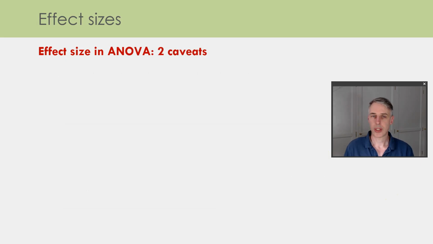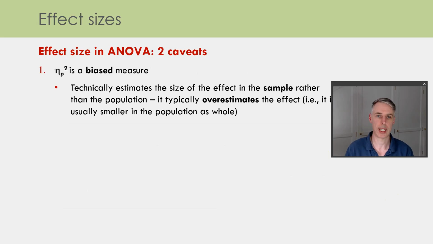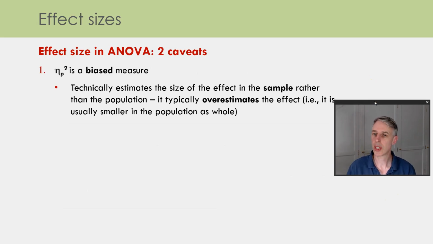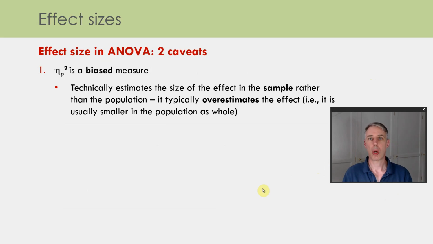So last thing to say is in relation to two caveats regarding effect size. And I'm saying here effect size in relation to ANOVA, but also I guess effect size more generally. The first is that partial eta squared is recognized to be a biased measure in the sense that it overestimates the effect size in the population as a whole.